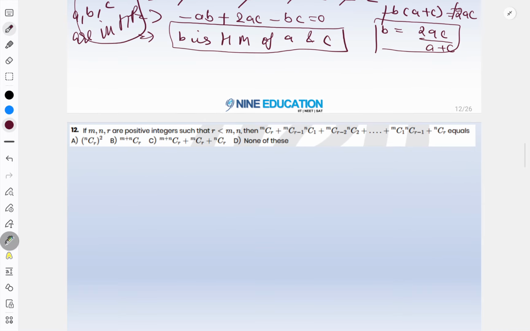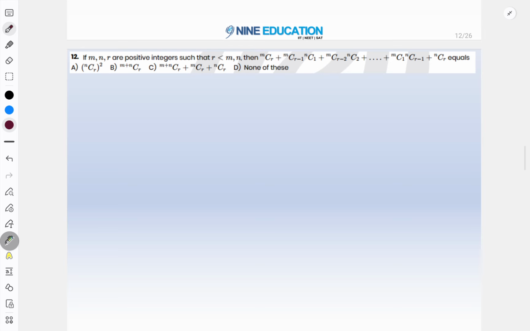If M and R are positive integers such that M is greater than R, and N is also greater than R, then we need to find the value of this particular expression. So this is directly Vandermonde's identity. What is Vandermonde's identity? It is the summation of MC(R minus K) into NCK equal to (M plus N)CR.